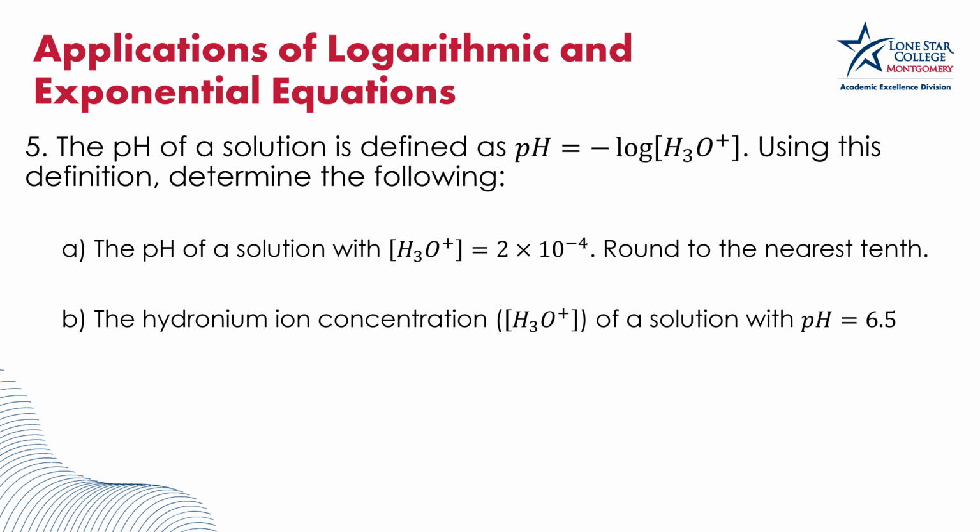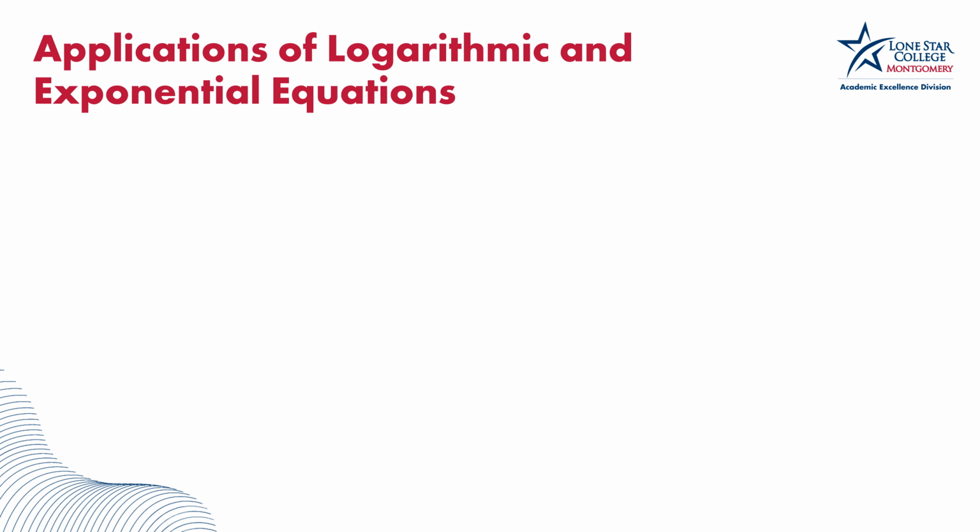So for part A, we're given that our H3O plus is 2 times 10 to the negative 4. Our pH equation, as before, was pH equals negative log of H3O plus. So all we're doing is replacing H3O plus with 2 times 10 to the negative 4.